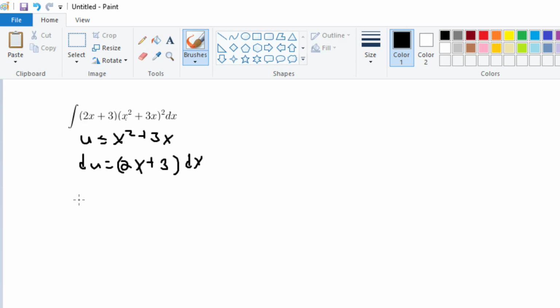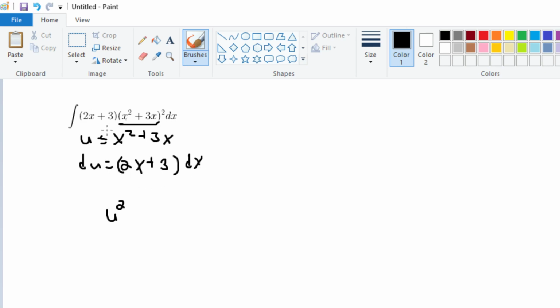And now we can go ahead and do stuff. All right, so we had 2x plus 3, and x squared plus 3x, which was raised to the power of 2. Now we have 2x plus 3 is here, and the dx is there, but we have this.